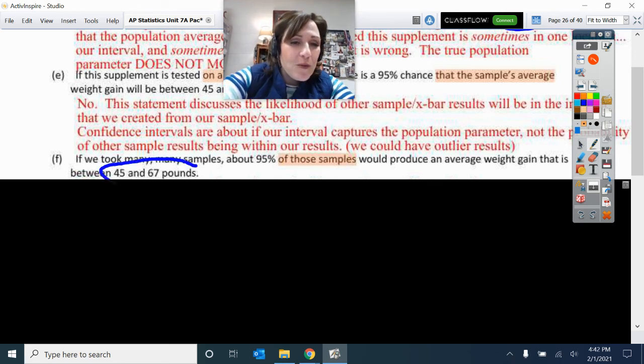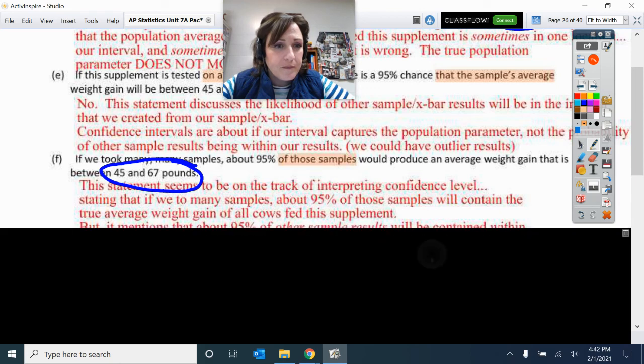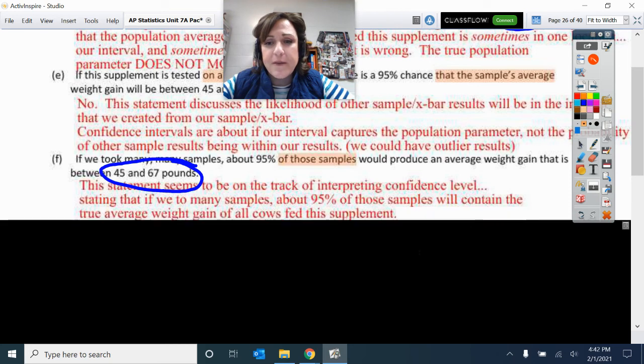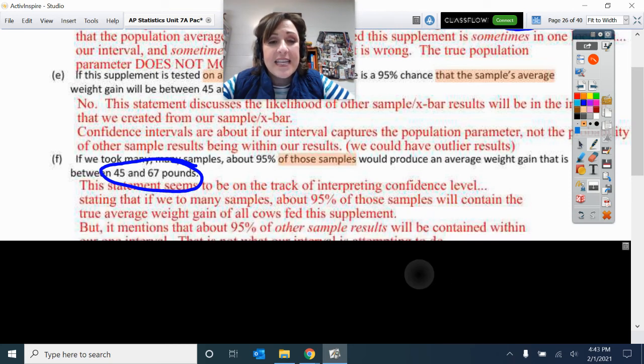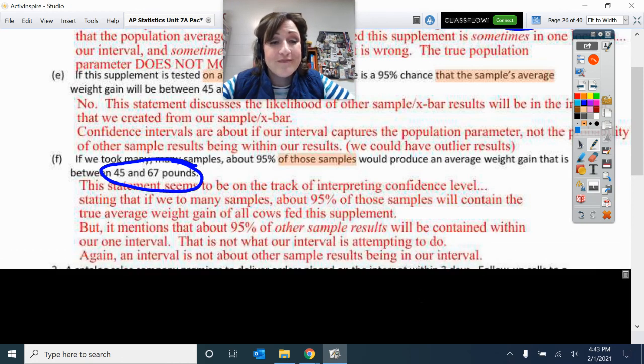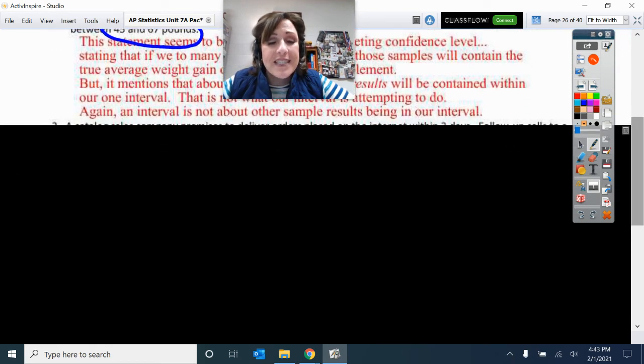But they ruined it when they did that. They said 95% of those samples are going to be in my interval. Nope, that's what made it wrong. This statement seems to be on the track of interpreting the confidence level, stating that if we took many samples, 95% contain the true average, but it mentions 95% of the other X bars will be in our interval. Again, an interval is not about containing other sample results.